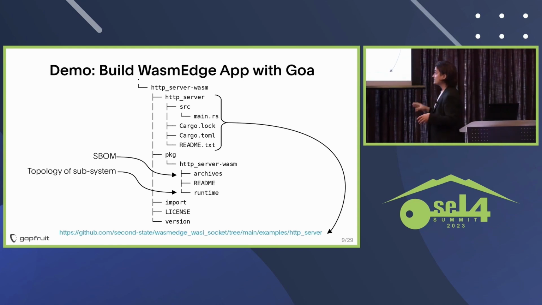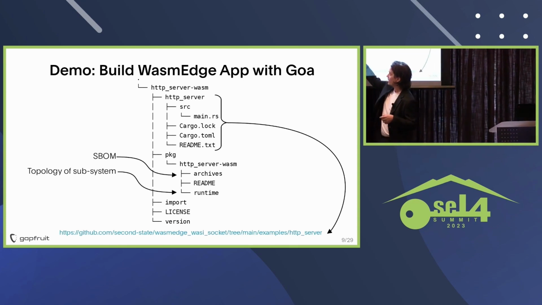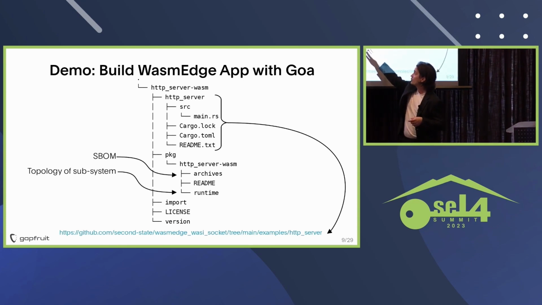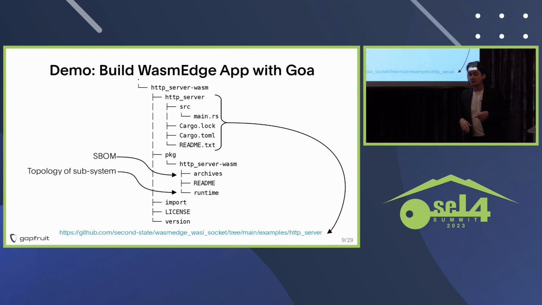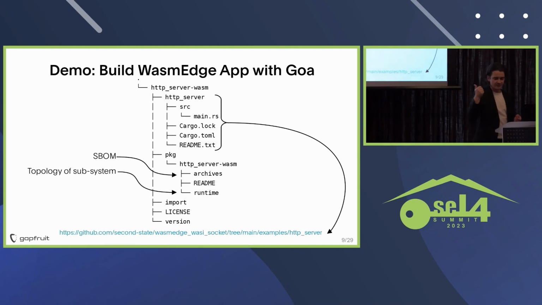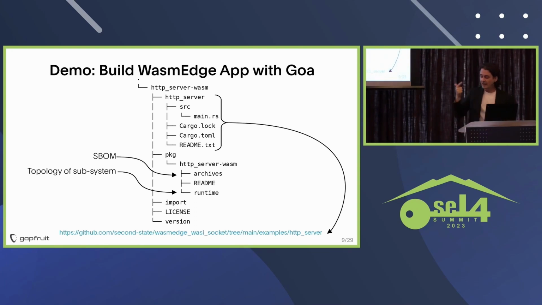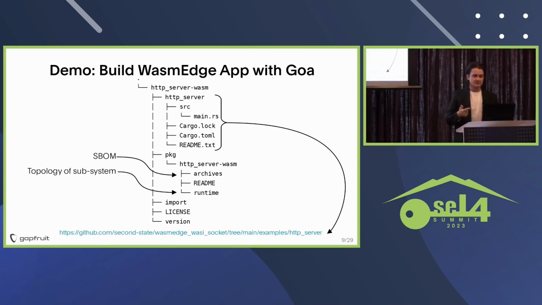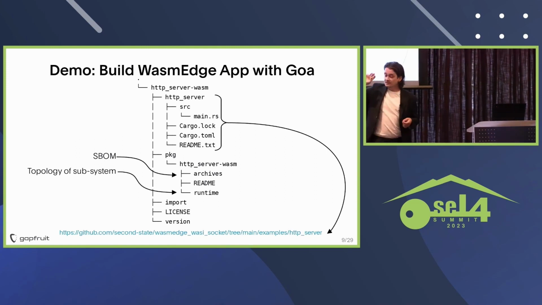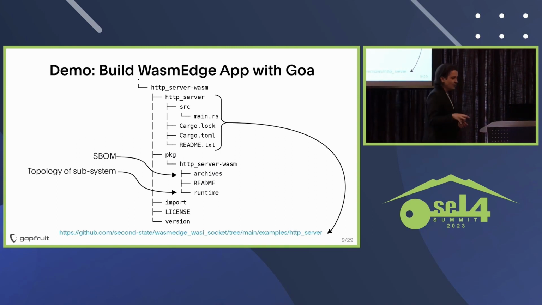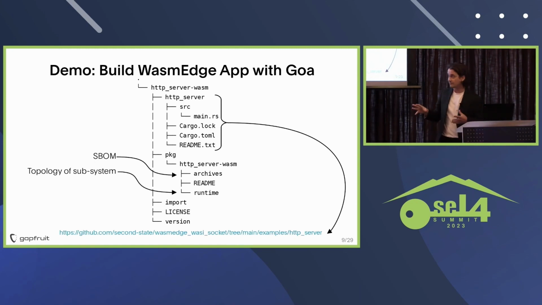What I want to point out is an archives file, which specifies the SBOM of that app. So the SBOM is obviously WasmEdge and its dependencies such as LLVM and stuff like that. What's also worth pointing out is this runtime file. This defines the topology of this subsystem.